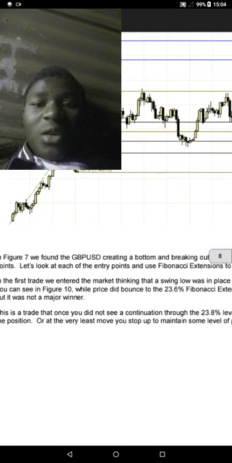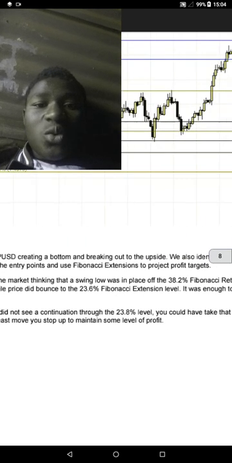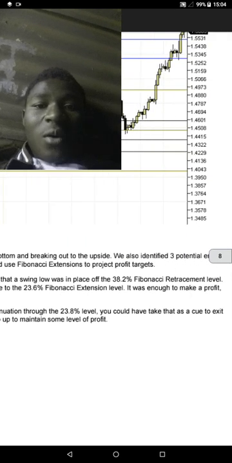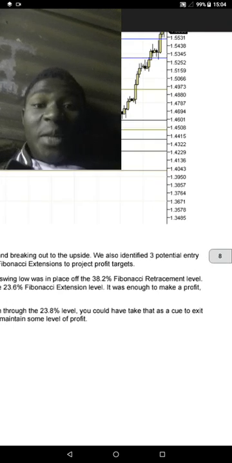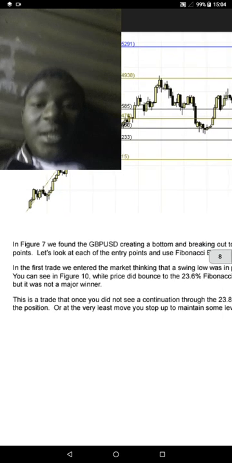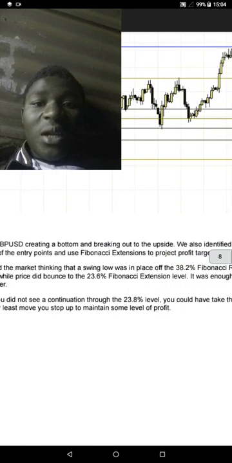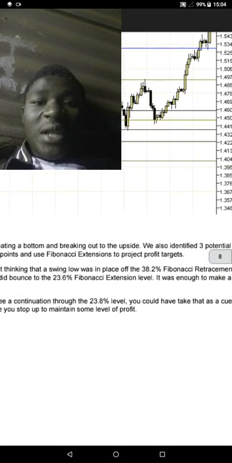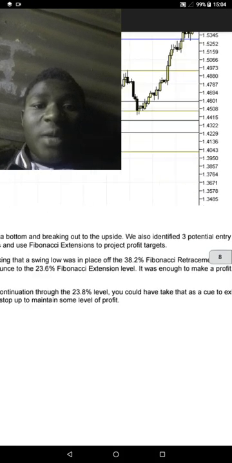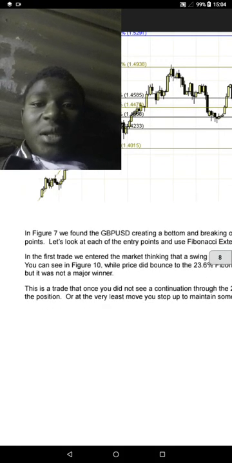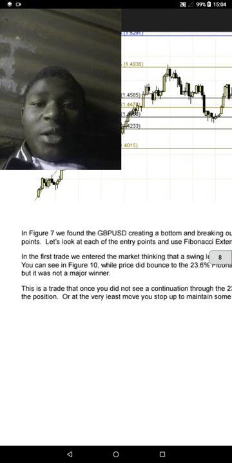In the first trade, we entered the market at the swing low, at the 38.2% Fibonacci retracement level. You can see in figure 10, while the price did not bounce to the 23.6% Fibonacci extension level, it was enough to make a profit, but it was not a major win.